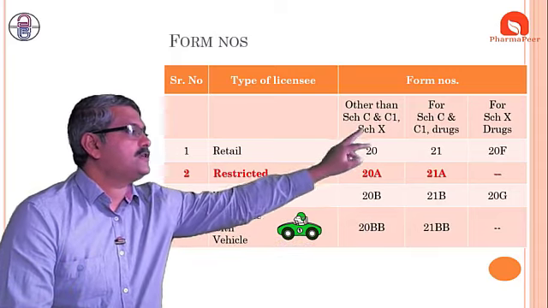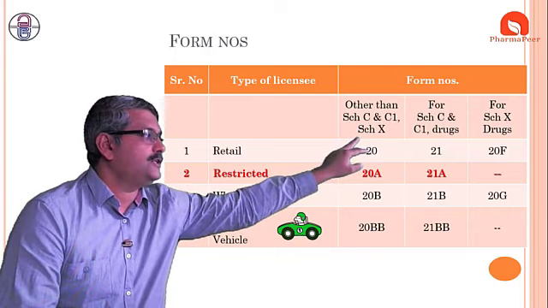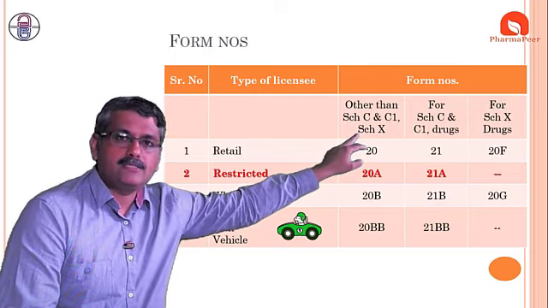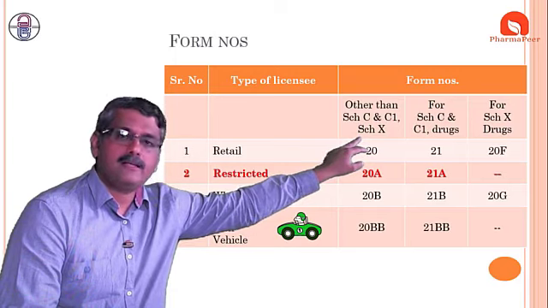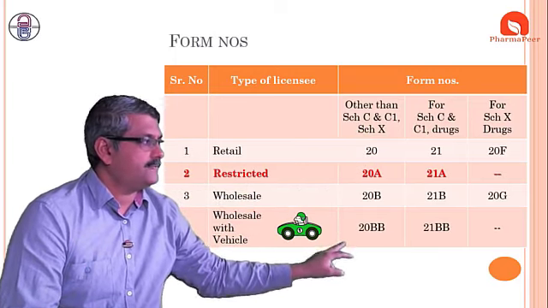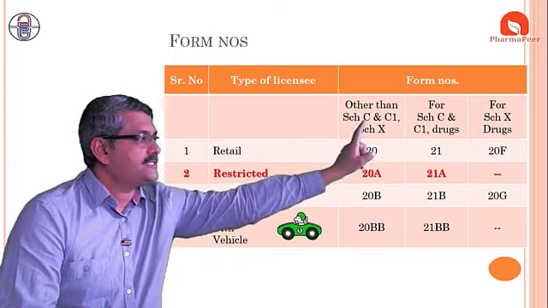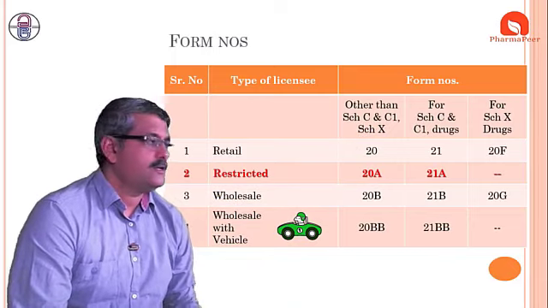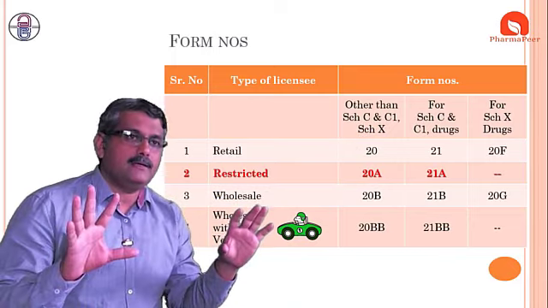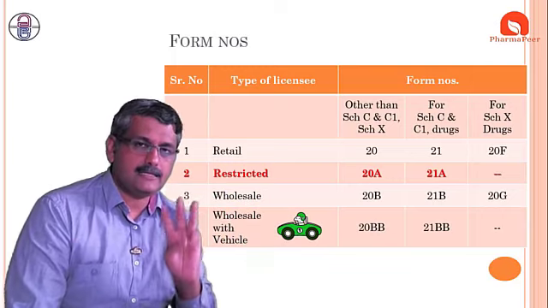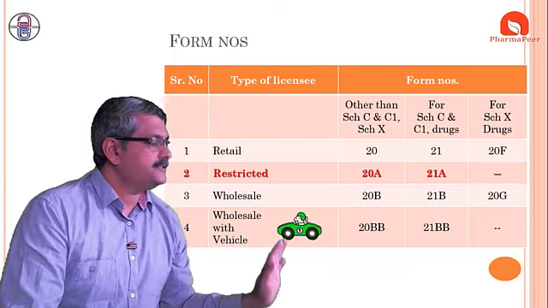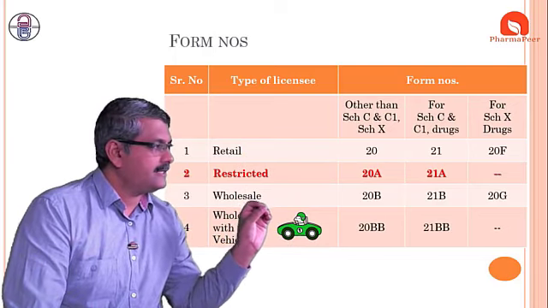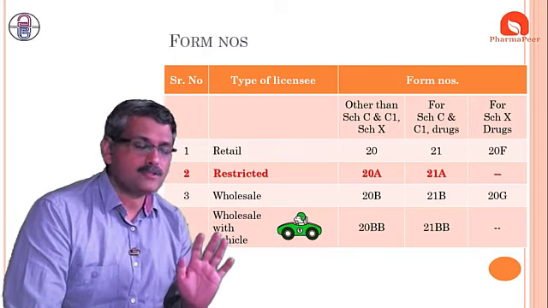The first condition is other than Schedule C and C1 and Schedule X. This means in this criteria, we can sell such drugs. Next, the second one is for the sale of only Schedule C and C1 drugs, and the last one is for the sale of Schedule X. In this manner, we have majorly bifurcated these 3 categories, and under these 3 categories we are having some form numbers.